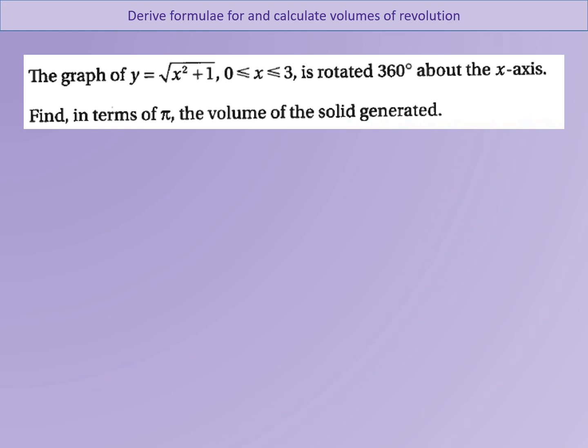So we're looking for the volume of revolution around the x-axis. The formula we're going to use will be the integral of y squared dx multiplied by pi from 0 to 3. So y is the square root of x squared plus 1. That means that y squared will be x squared plus 1. So the integral becomes the integral of x squared plus 1 from x is 0 to 3.